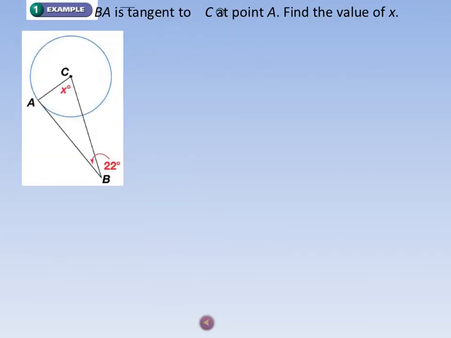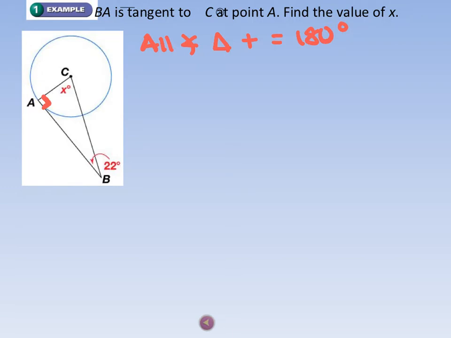Now the next example says that BA is tangent to circle C at point A, find the value of x. So if we know that this line is a tangent, that means that this is a right angle. Now we know that because it's a triangle, all angles in a triangle add to equal 180 degrees.